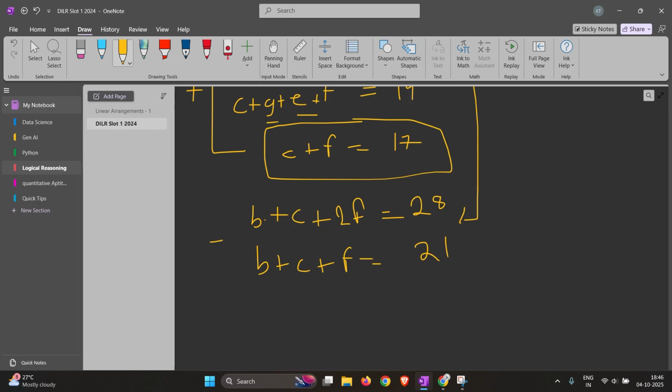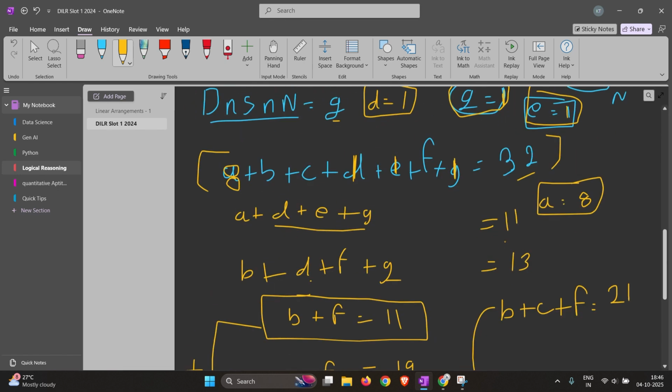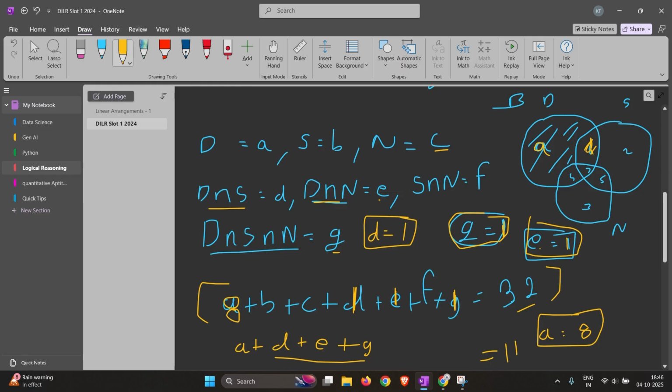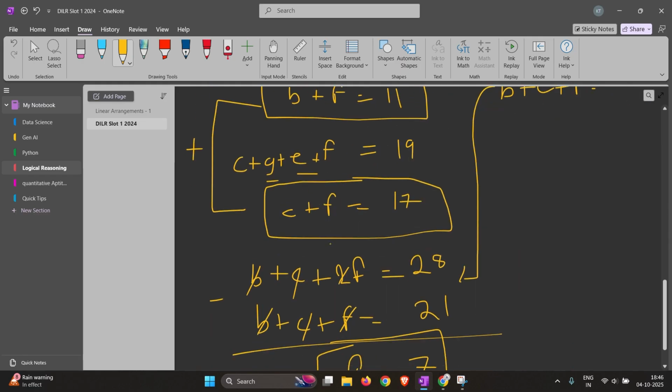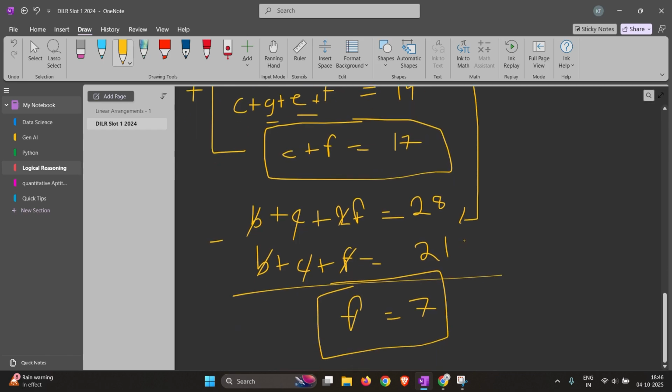And you can subtract again, so it all cuts out. And finally, you just have left F equals 28 minus 21, which is 7. So now we have F equal to 7 as well. Finally, we were able to deduce D equal to 1, G equal to 1, E equal to 1, A equal to 8, and F equal to 7. A lot of information we got to know using maths.